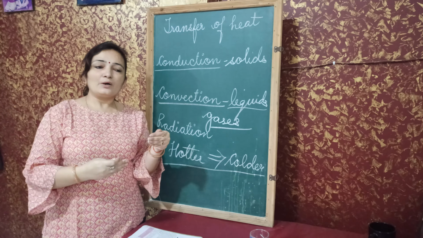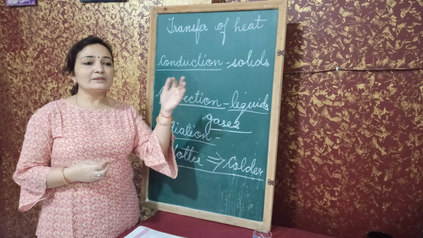Now what is radiation? In this process, medium may or may not be present. Medium is not required. Radiation can take place in vacuum also, where there is no atmosphere, like from the sun. We are getting the solar energy from the sun to the earth by the process of radiation.